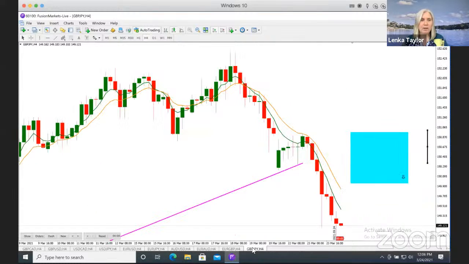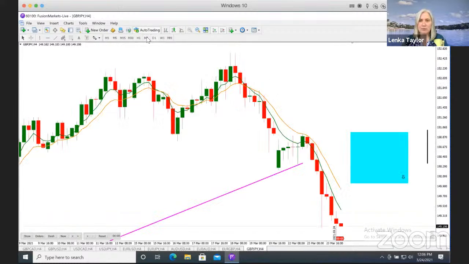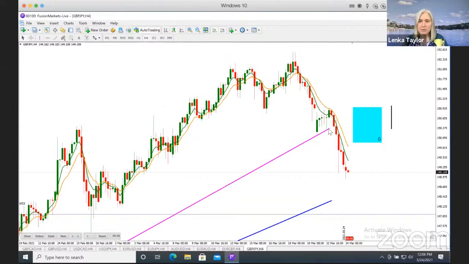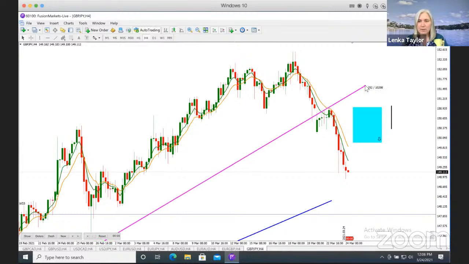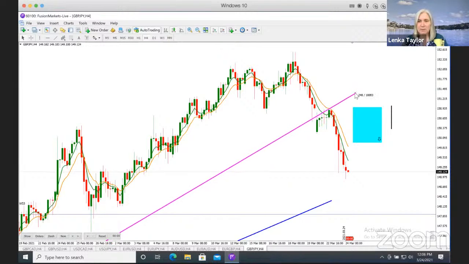Next currency pair I'm looking at is GBP JPY. So that one is starting to come down. How far it goes, nobody really knows. So at this stage, just looking for some kind of pullback, potentially to any of these sort of areas here, around there.